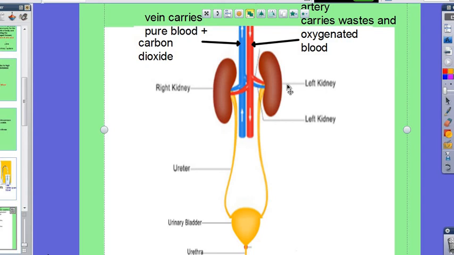Because it is a vein, and we know that all the veins carry carbon dioxide except the pulmonary vein, and it isn't the pulmonary vein because the pulmonary vein is connected with the two lungs. So here the vein which is connected to two kidneys carries pure blood plus carbon dioxide. This is the main idea of the work of the urinary system.